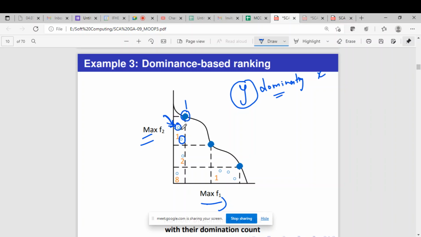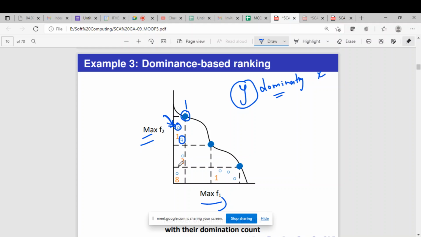No, so he is not dominating. Whereas we say that this individual is dominating this individual because he is to the top and also towards the right. Are you getting it? So anyway, this individual is dominated by only one individual and his rank is 0. So 0 plus 1 is 1.